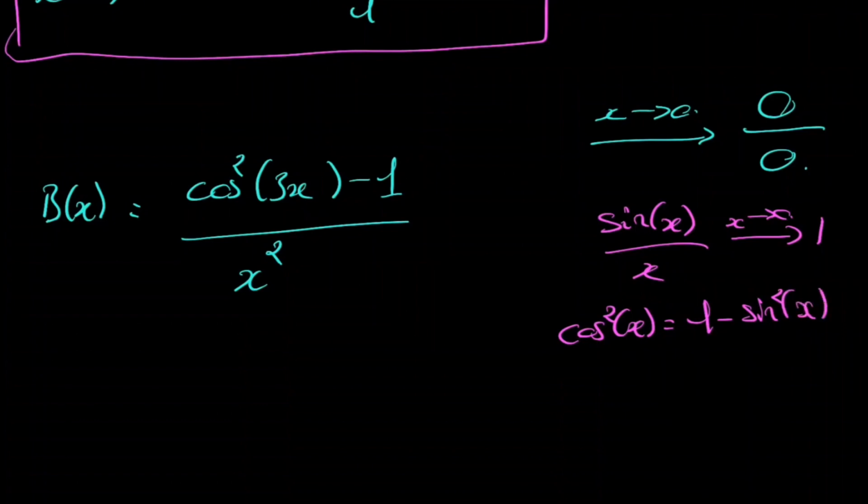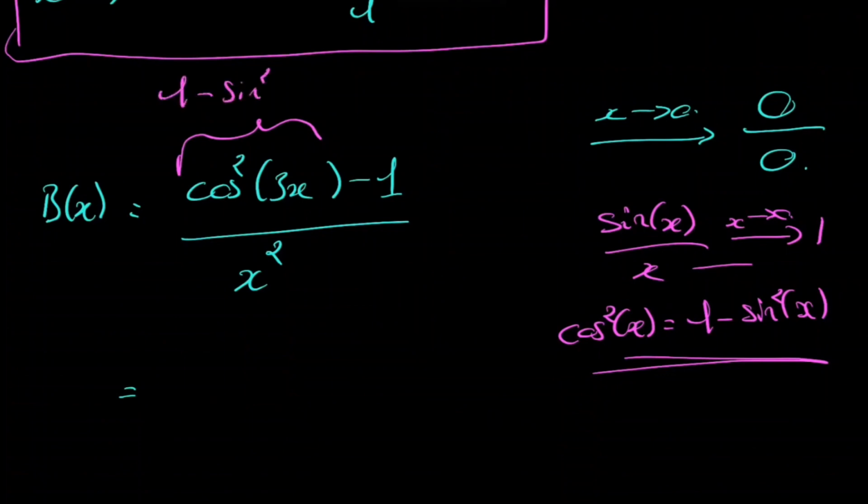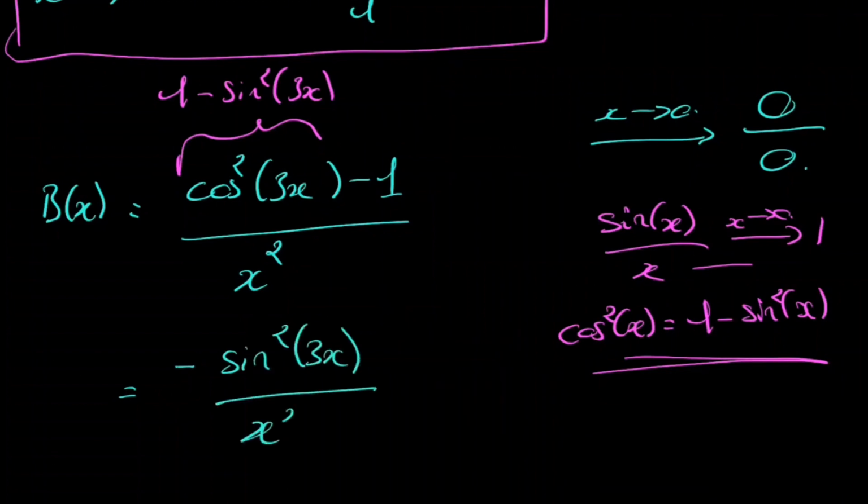So we will first apply this thing and then this thing. So this cosinus squared is equal to 1 minus sinus squared of 3x, so 1 minus 1, 0 minus sinus squared of 3x over x squared.